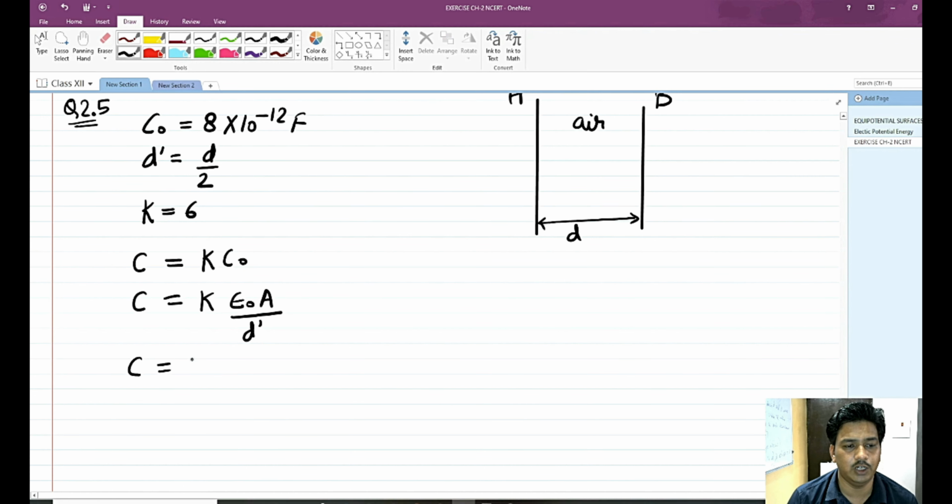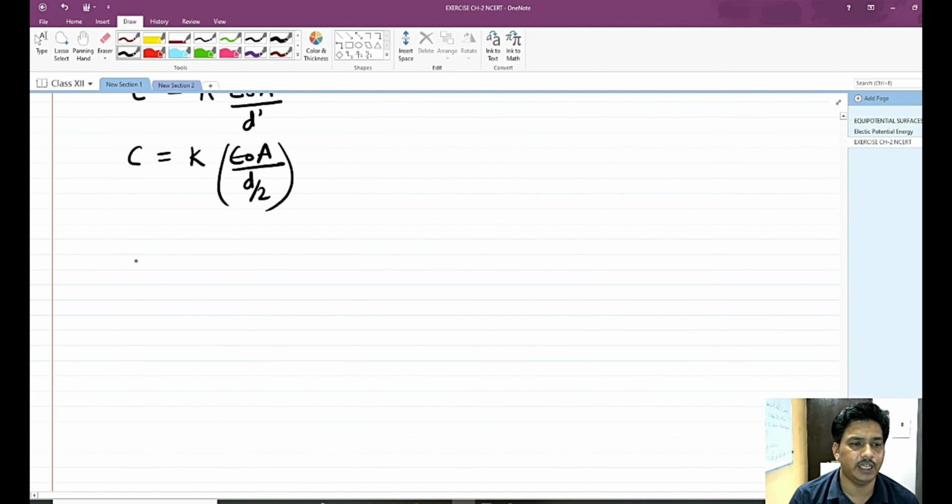So C is equal to K epsilon naught A by, put the value of D dash, that is D by 2. Now we can write it as C is equal to 2K epsilon naught A by D. Now C is equal to 2. What is the value of K? K is 6. It is not the Coulomb constant, it is the dielectric constant.